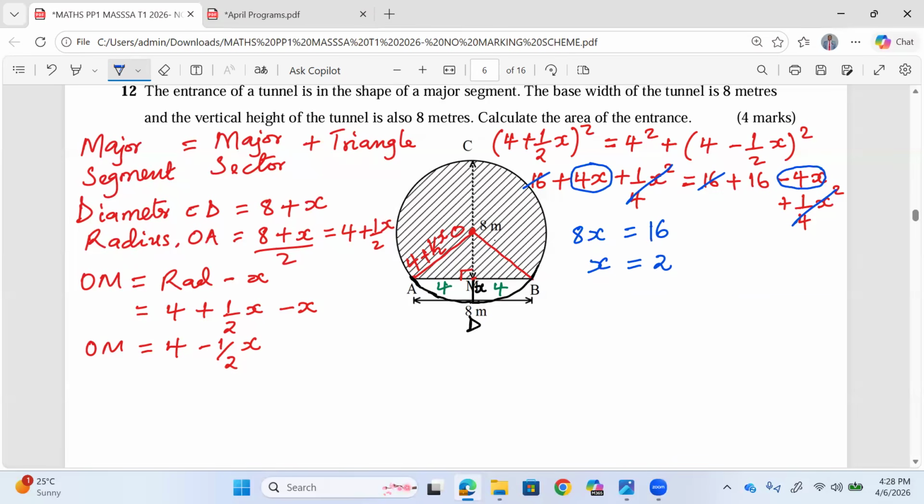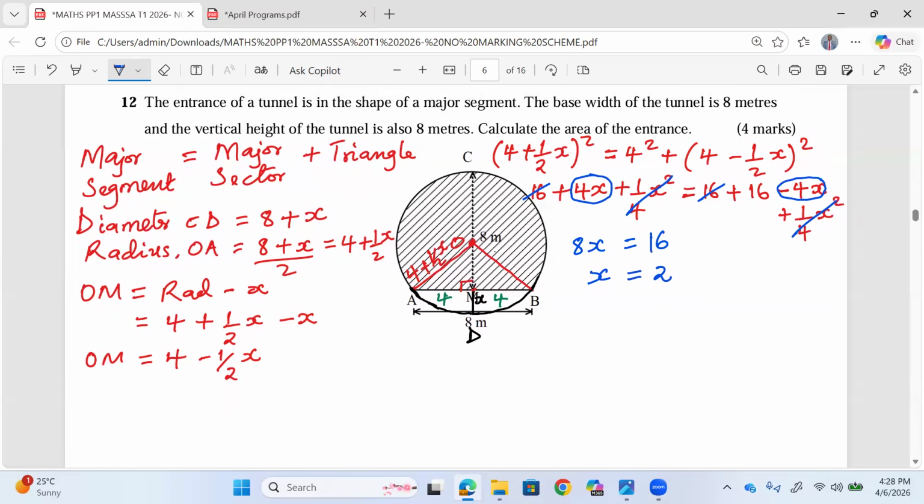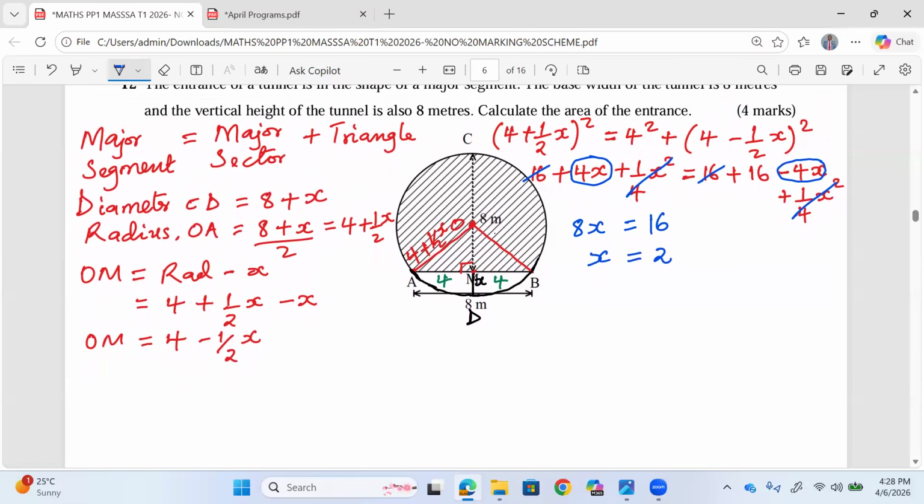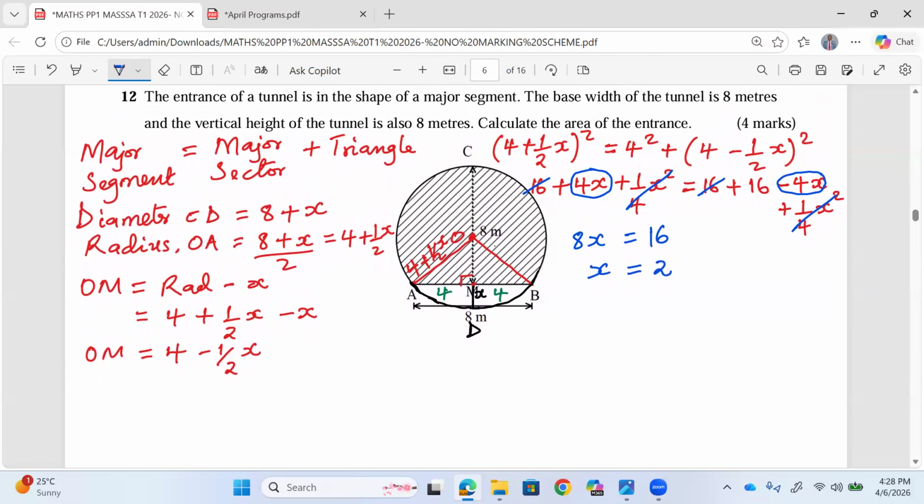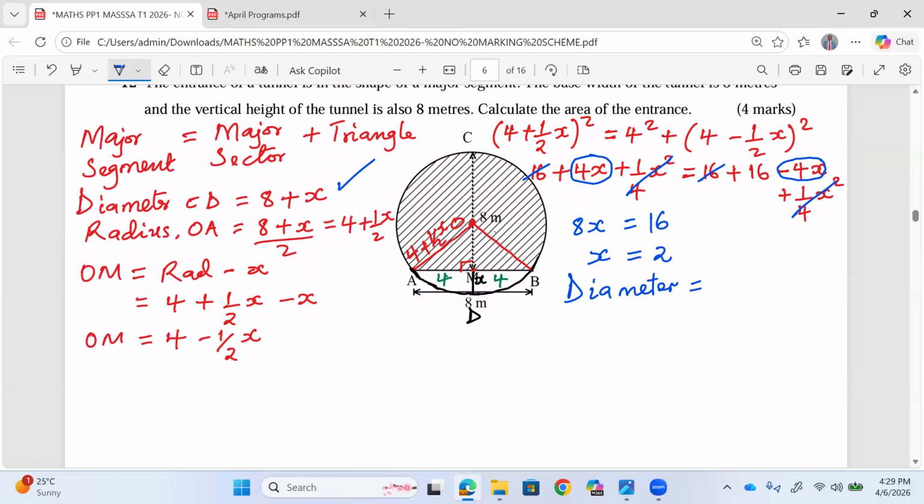When the value of x is equal to 2, can we now conclude that diameter equals to, can check diameter.